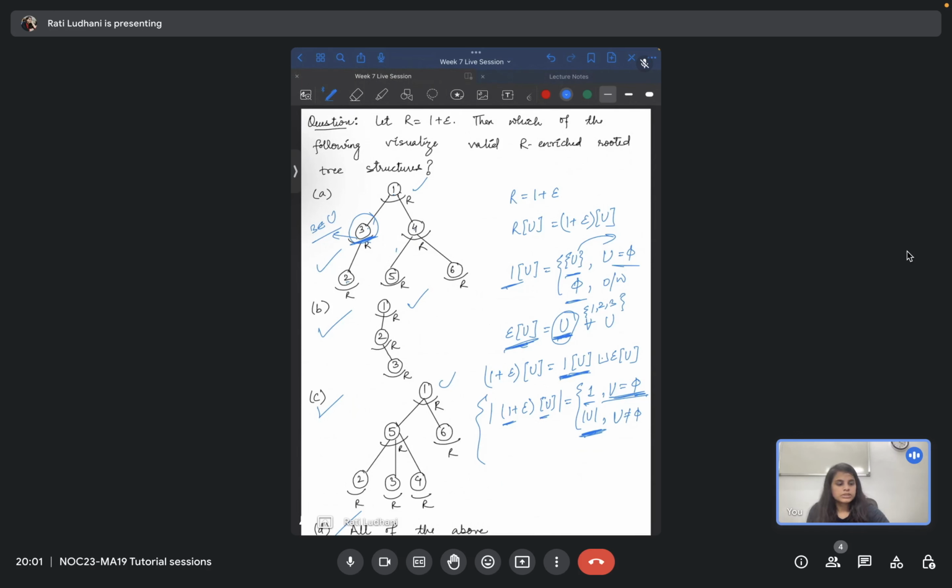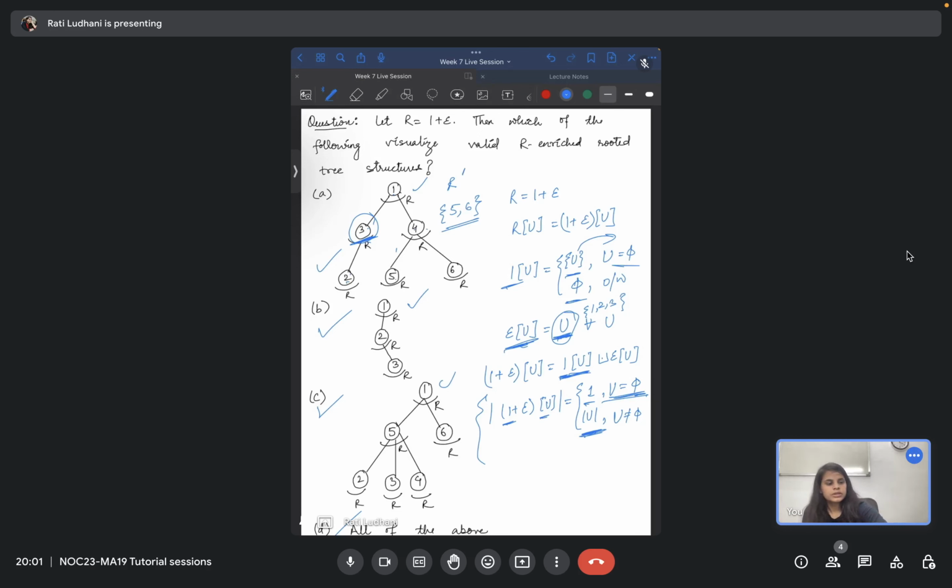And what is the set of children? For example, for 4, if you consider 4 belongs to U, I'm just considering this element. If you consider 4, then the set of children is 5 and 6. So it says there should be an R structure on this. You know that for an R structure, you consider any set, you just need the cardinality.